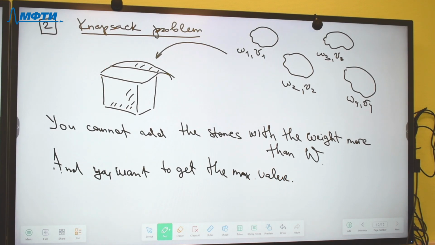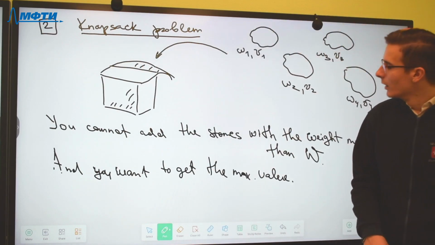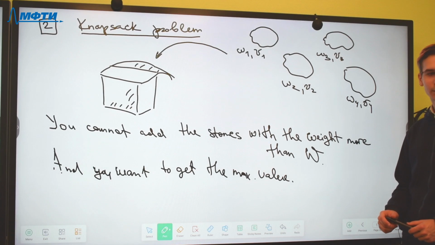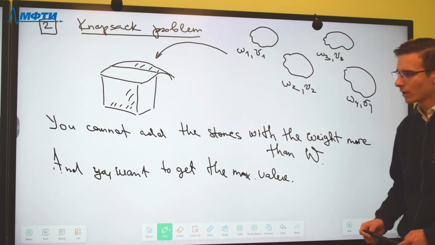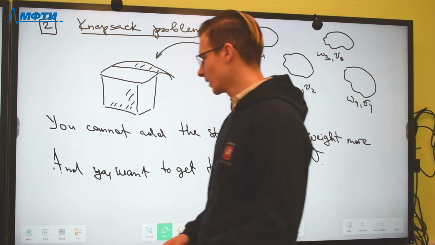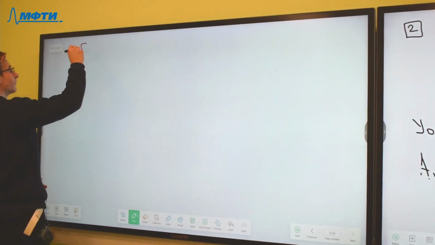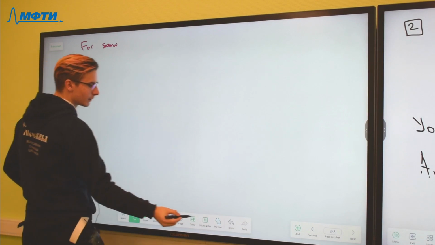So in the common way, this problem is NP-complete. Do you know what is an NP-complete problem? Yeah, NP complete problem. But in some way we can solve it, for example, with some restrictions.